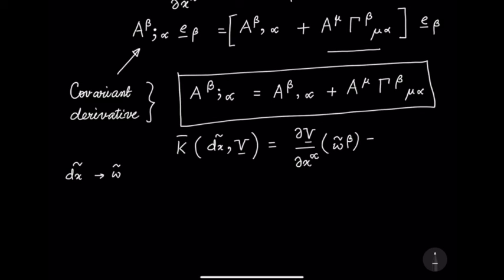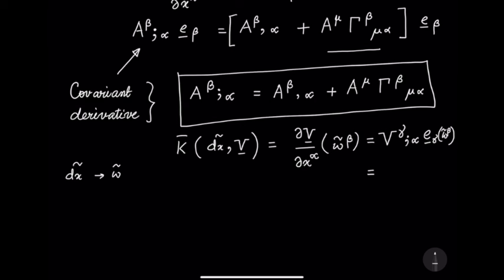So what will this give me? This will give me v, if I write v in its component form, v gamma semicolon alpha and then e gamma eating up w beta.